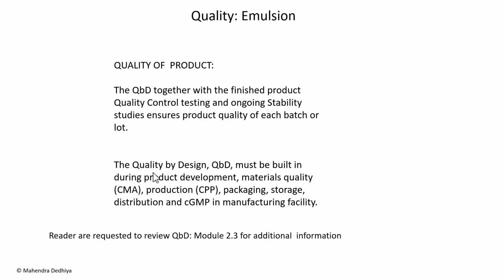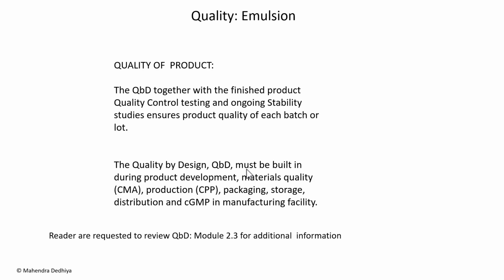This slide is a refresher slide. We have discussed this in previous modules. Let's look at what is quality of product. Quality of product comprises of three components: QBD, quality by design, quality control testing, and ongoing stability studies. The QBD must be built during the formulation development.